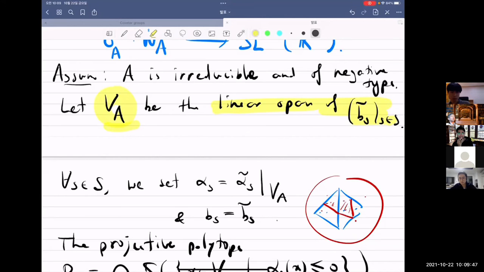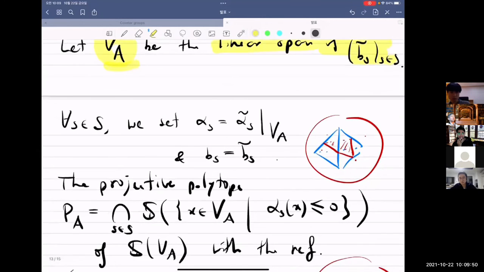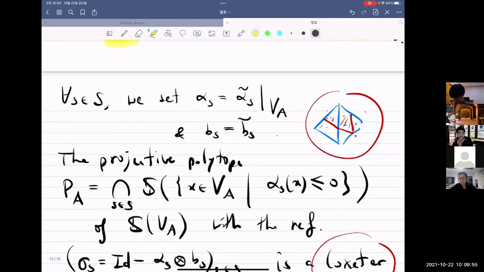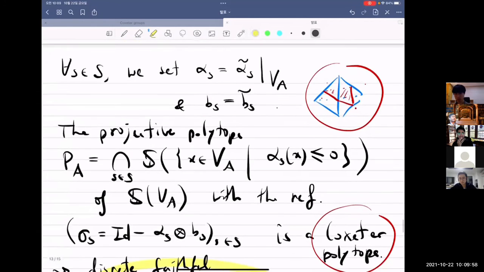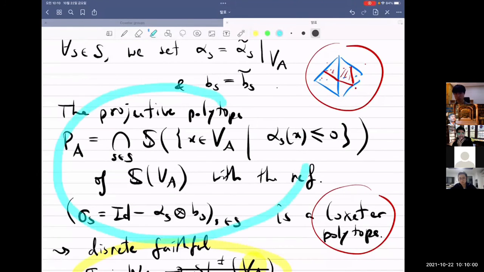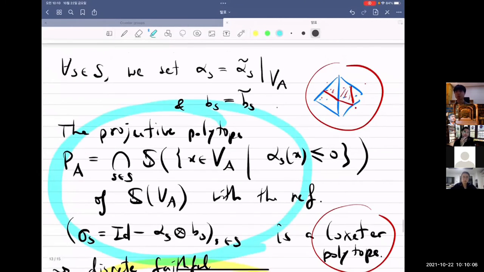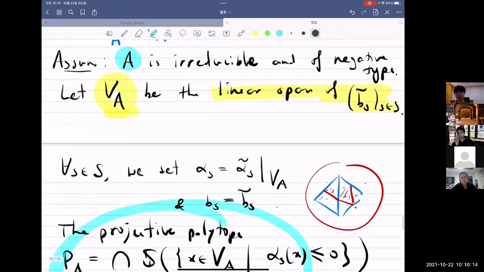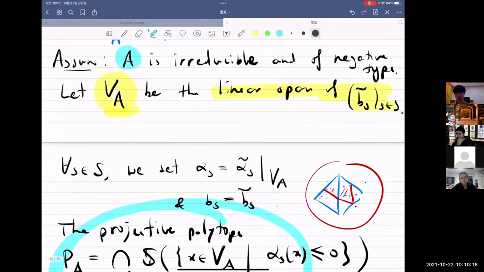But the problems will happen when we want to have this Coxeter polytope. So here we have this Coxeter polytope. But for example, if A is of 0 type, then, okay, I think your question is very good. So maybe I should at least explain why something goes wrong when this assumption does not hold.